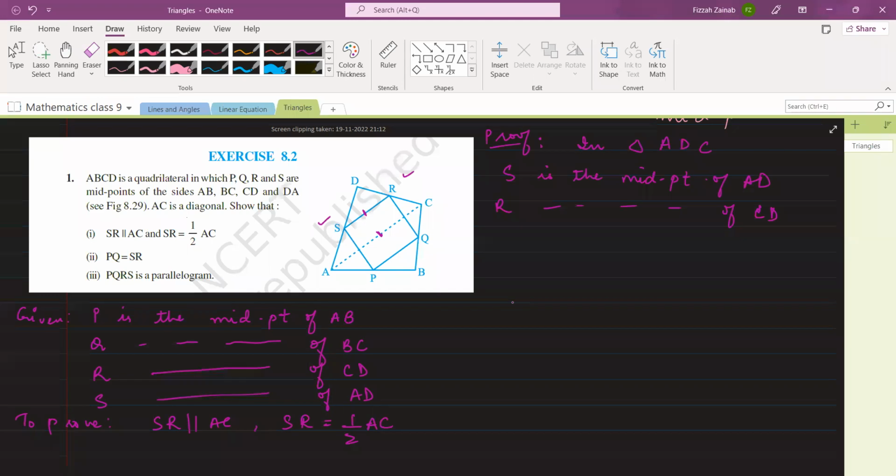So we can use the midpoint theorem. From the midpoint theorem, we can say that when both are midpoints, this line segment SR will be parallel to the third side of the triangle, that is AC, and SR will be half of AC. So that's the proof of part 1.